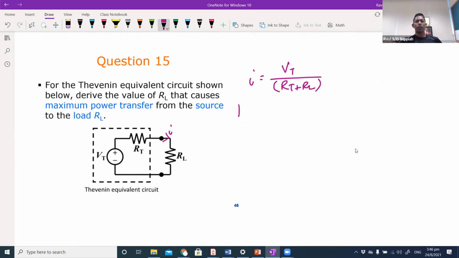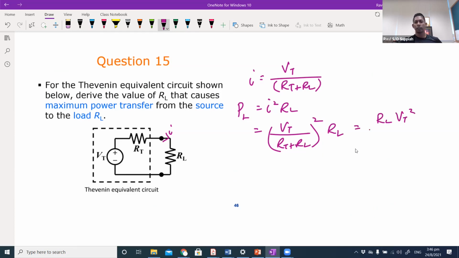And the power that is delivered to the load is I square R. So it will be Vt over RT plus RL, squared, multiplied by RL. So I can sort of rewrite this as this. And what I want is maximum power transfer.